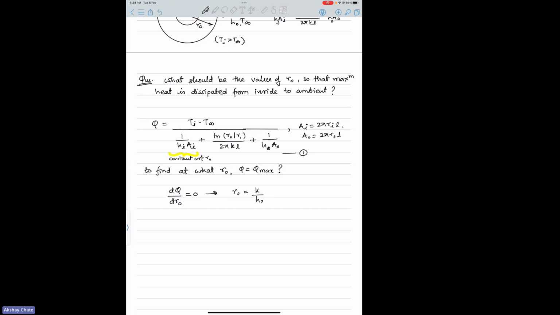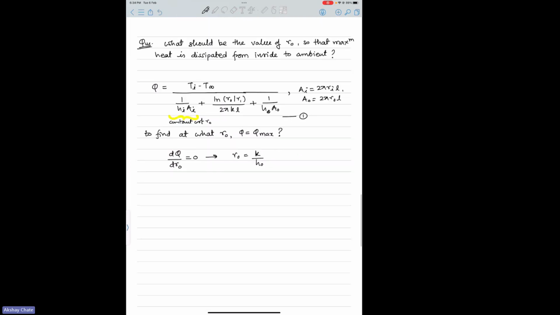So K is the thermal conductivity of the insulator, and Ho is the heat transfer coefficient on the outer surface. And you can put that back into equation 1, and then you can get Q max. So if you plot it, you get something like this. This is your Q curve, and this is your Ro curve.